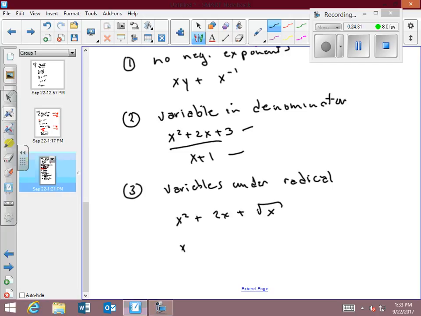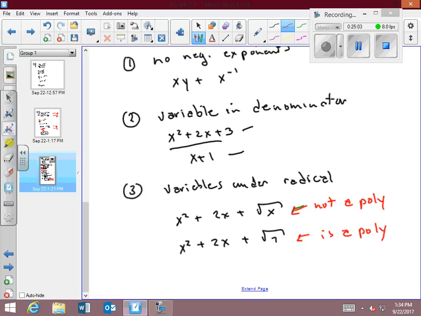But if I had something like this, that's a polynomial. So this is not a polynomial, and this is a polynomial, because the constant term is the square root of 7.